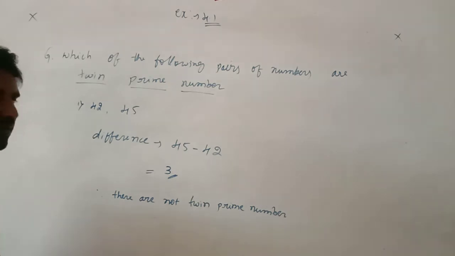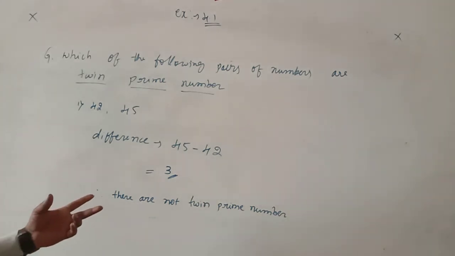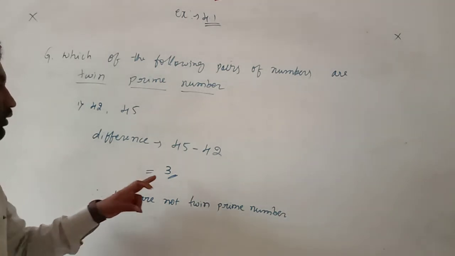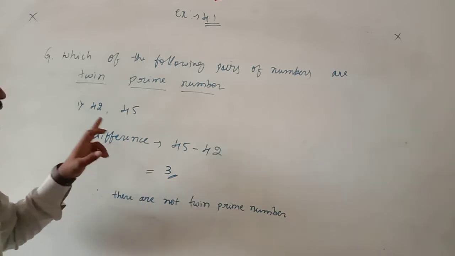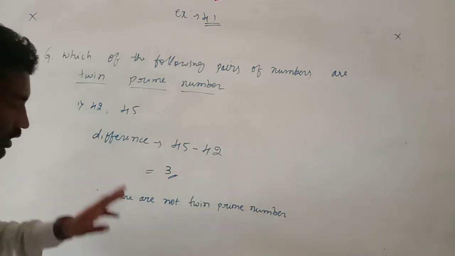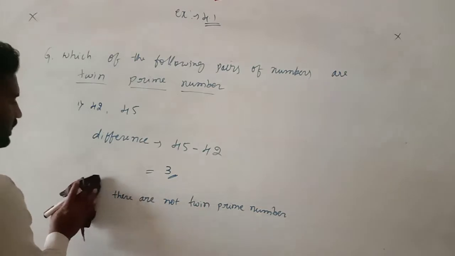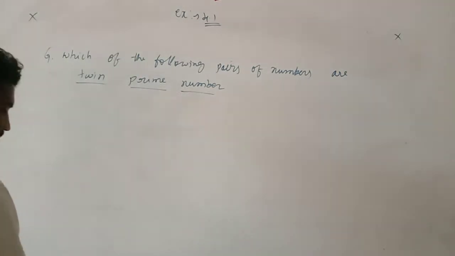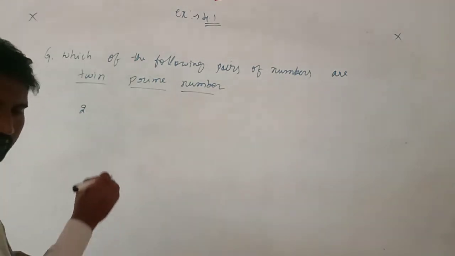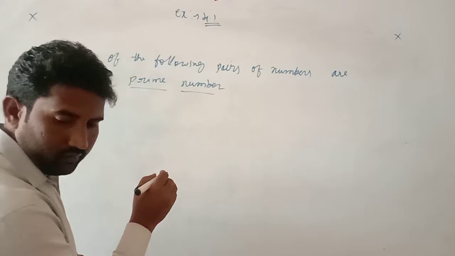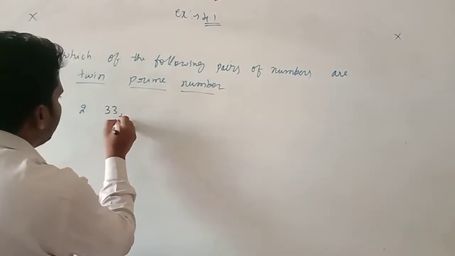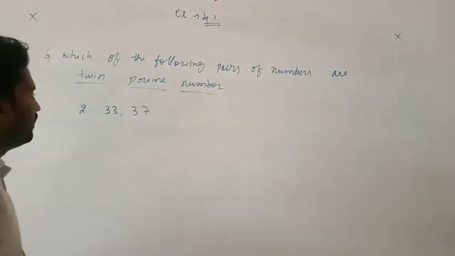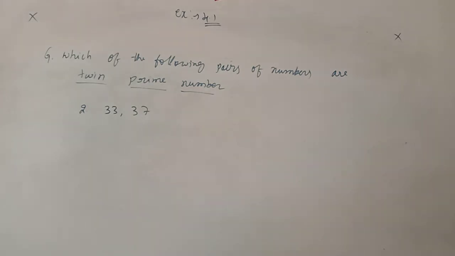Okay, now you understood about twin prime numbers. The difference should be 2 only. So here we are getting 3, which means it is not a twin prime pair. Next, the second one: 33 and 37. What is the difference between these two?